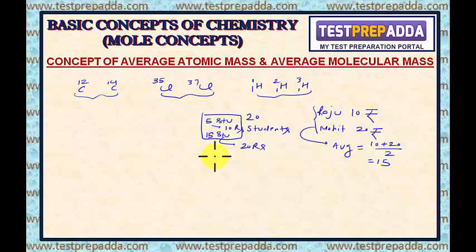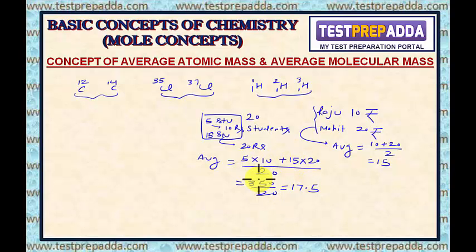So what will be the average money? The average will be total money upon total number of students. Total money will be what? 5 students, 10 rupees each, so I'll write 5 into 10 plus 15 students with 20 rupees each, so 15 into 20, upon 20. So it becomes 350 upon 20, and the value comes as 17.5.